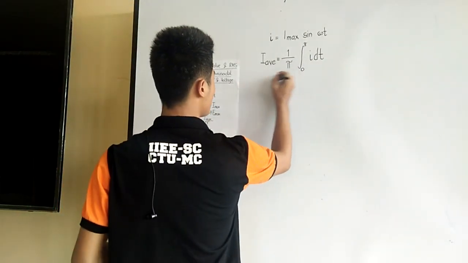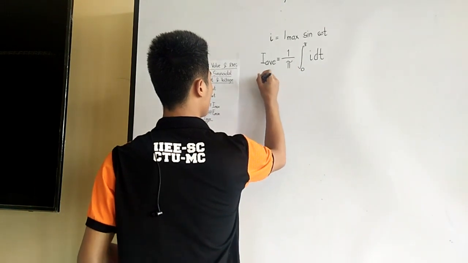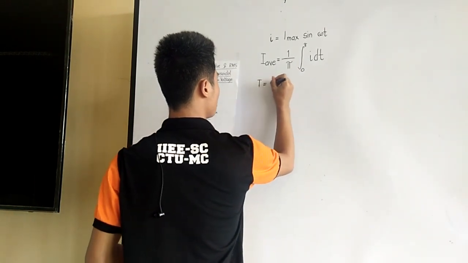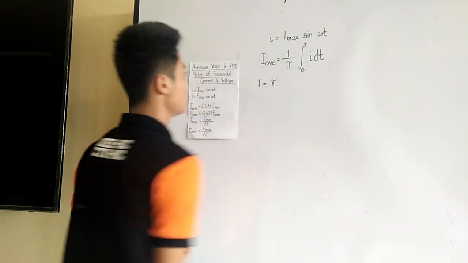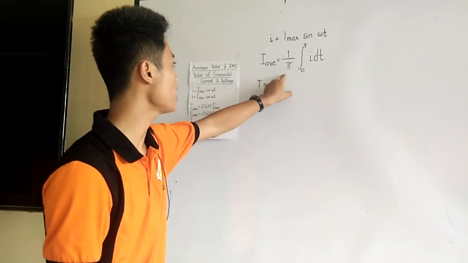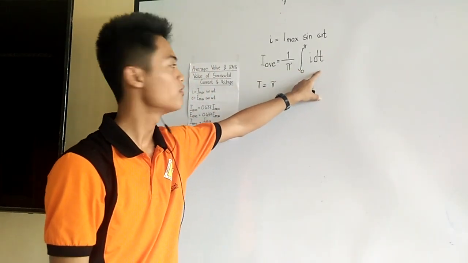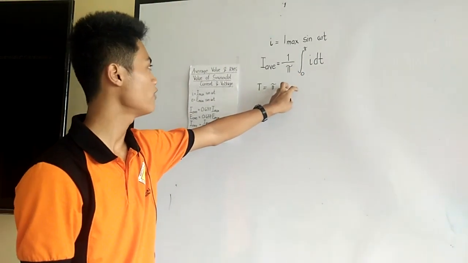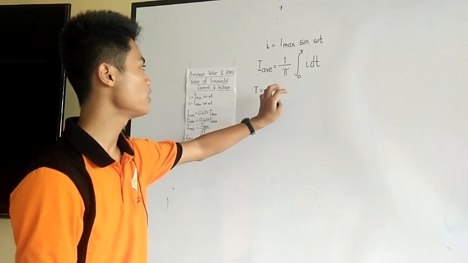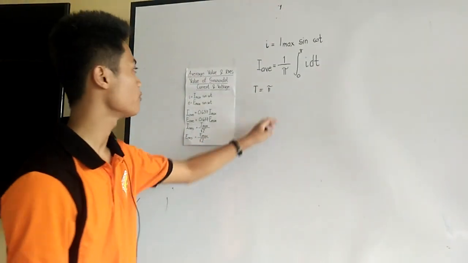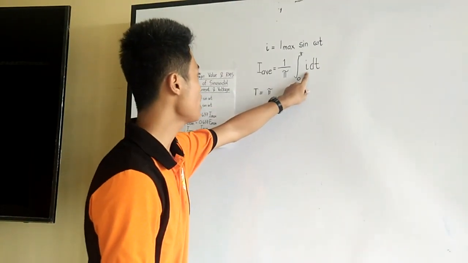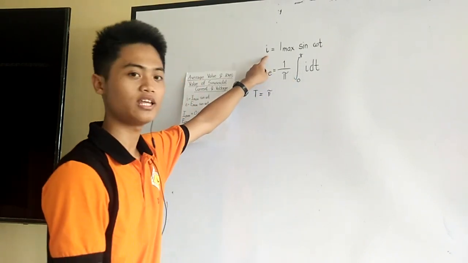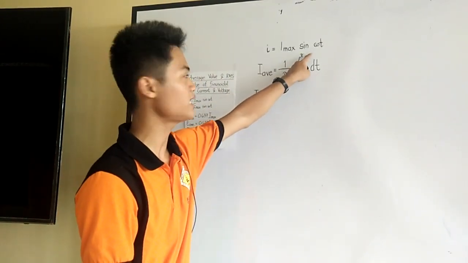So our T here is equal to pi. That's why it takes the form of 1 over pi, the integral of I dt from the limits of 0 to pi, which is the half cycle of a sinusoidal wave, or the first alternation. We have an I here and we have a value for the I, which is I max sine omega t.